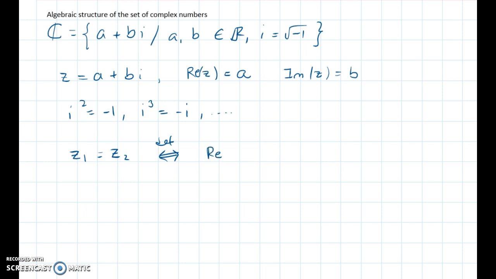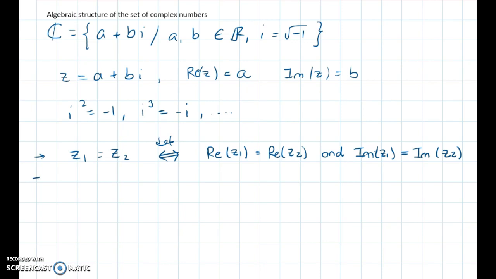So the real part of the first of them is equal to the real part of the second of them, and at the same time, the same is true for the imaginary part. The imaginary part of the first one is equal to the imaginary part of the second one. So that's the first thing: how do we say that two complex numbers are equal?